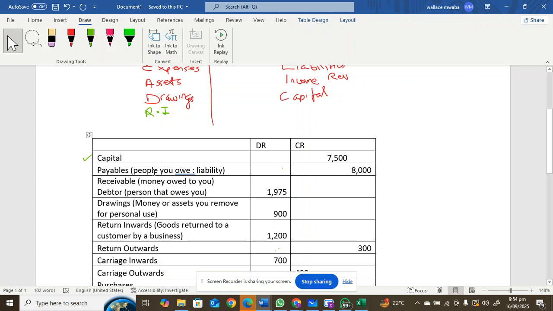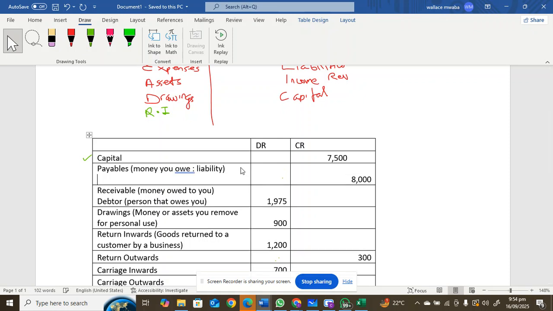So receivable, that's money owed to you. Then the debtor is the person that owes you. Okay. And then payables, money you owe. And then creditor is the person that you owe.